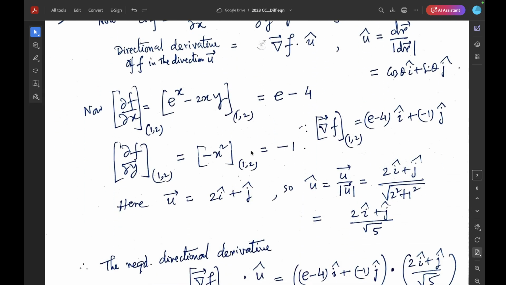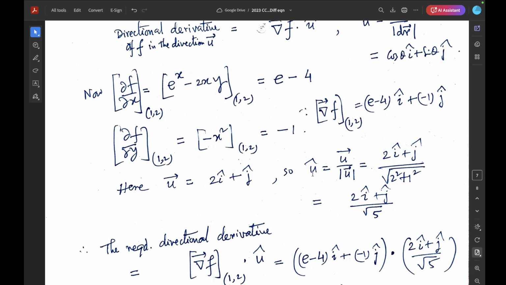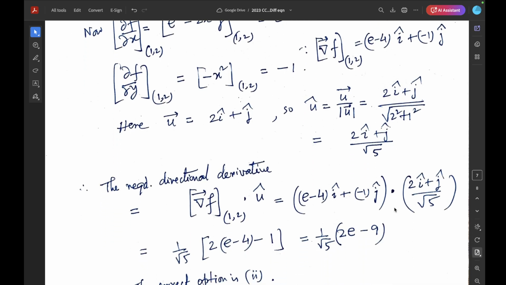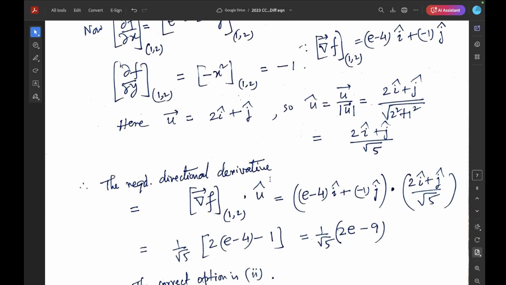So u vector is 2i cap plus j cap. So u cap is the u vector by mod of u, so we get (2i cap plus j cap) by root 5. So the required directional derivative of this function f at the point (1, 2) in the direction of u is gradient of f at the point (1, 2) dot u cap.